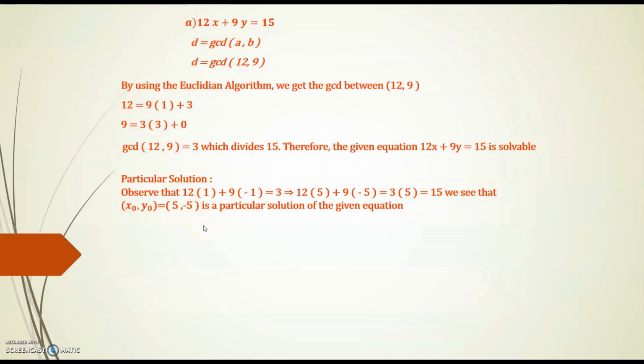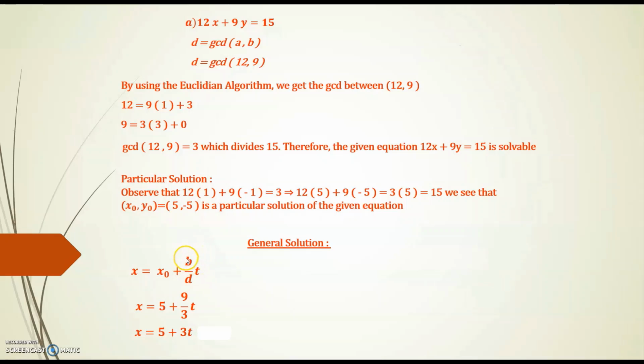Okay, so now that we have the particular solution, we are going to find the general solution for the equation. How do we find the general solution? We have a formula that says x is equal to x0 plus b over d times t. So x0 is the particular solution for the value of x.